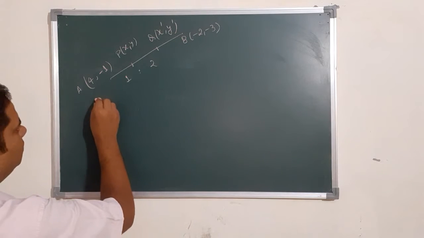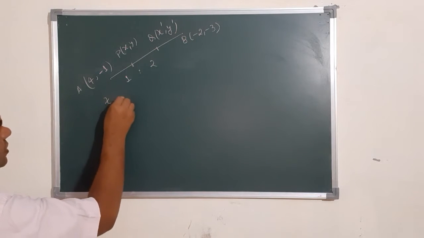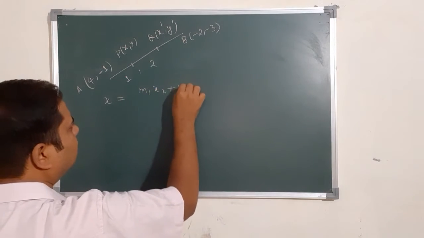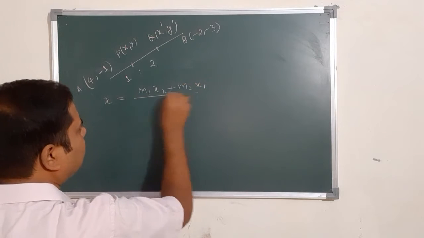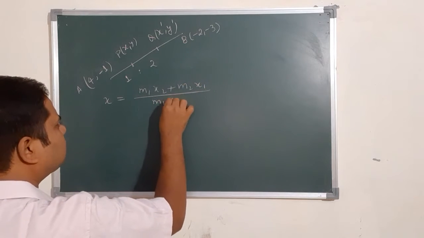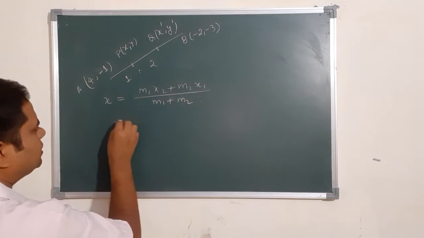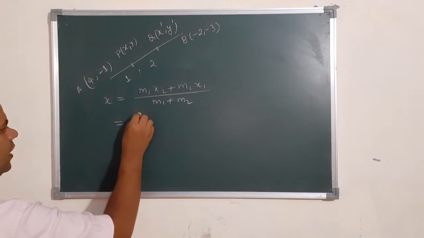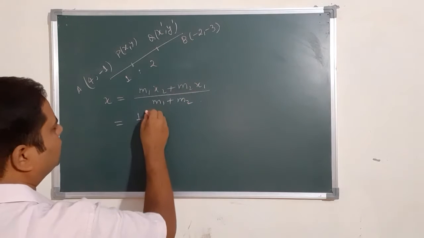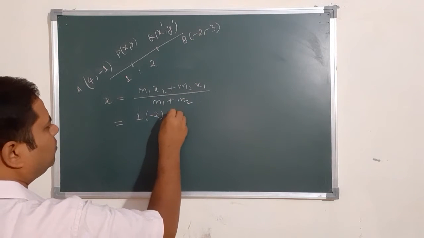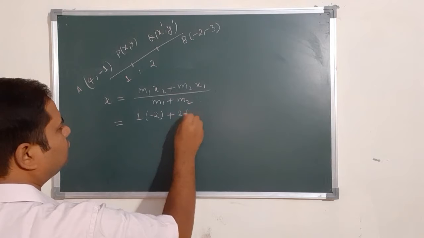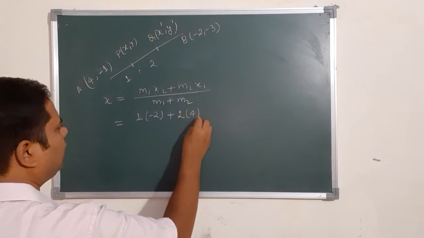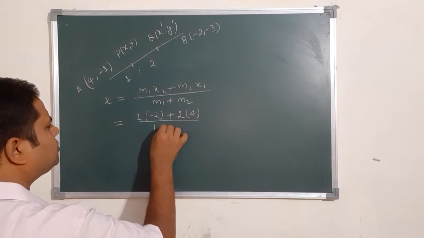So here x is equal to (m1 x2 plus m2 x1) divided by (m1 plus m2), and this is nothing but m1 is 1, x2 is -2, plus m2 is 2 and x1 is 4, divided by 1 plus 2.